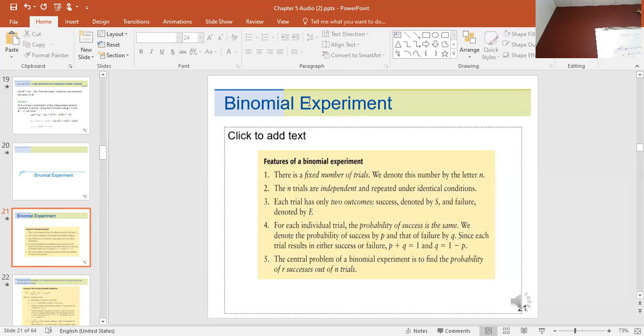1 will be the probability that x equals 1. From x equals 1, we can have failure, success, failure, failure, failure, failure. This is 1.